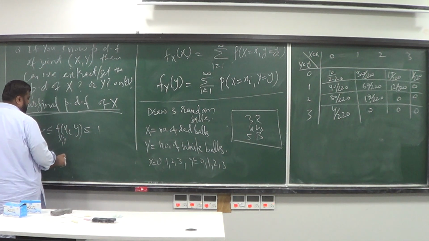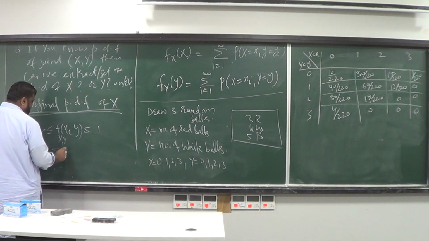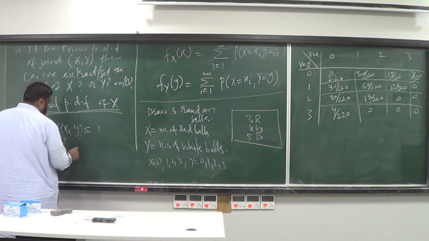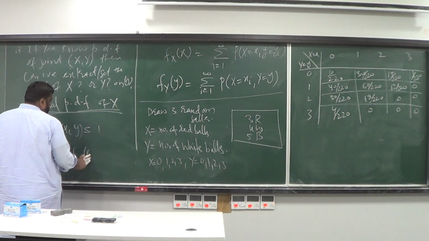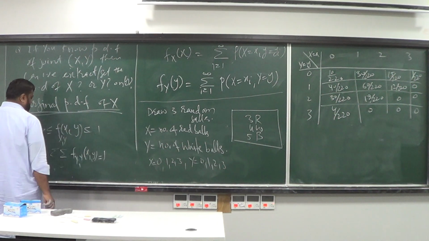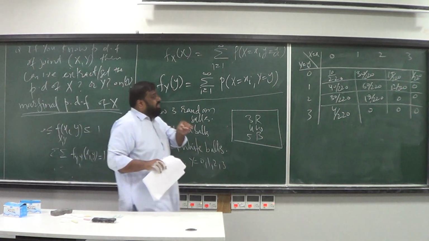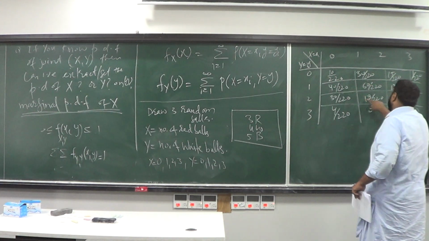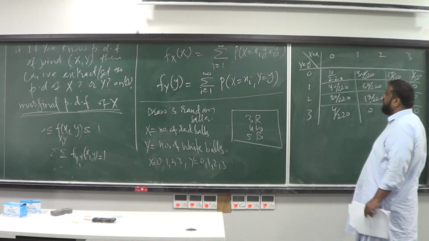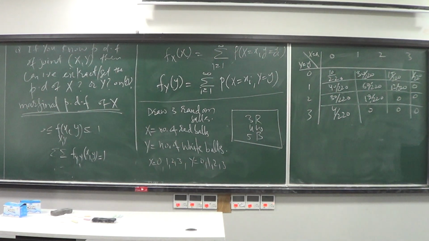And the sum of all possible probabilities should be equal to 1. So if you sum up all of these probabilities, you're going to see that their sum is equal to 1.